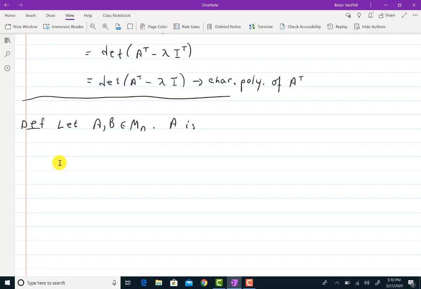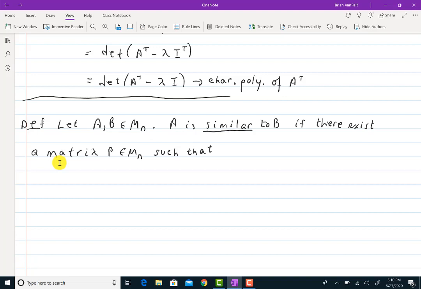A is similar to B, so similar is the word I'm talking about, if there exists a matrix P in M sub n such that A equals P B P inverse.